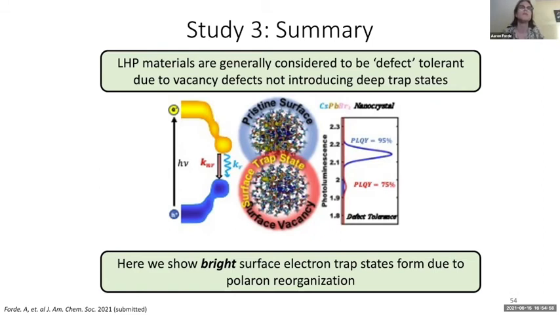Whereas with other semiconductors, defects will radically quench their photoluminescence properties. But here we show that if there's a surface defect site on the surface of the nanocrystal, and you allow polaronic reorganization, you'll have a bright electron trap state for these small quantum dots.